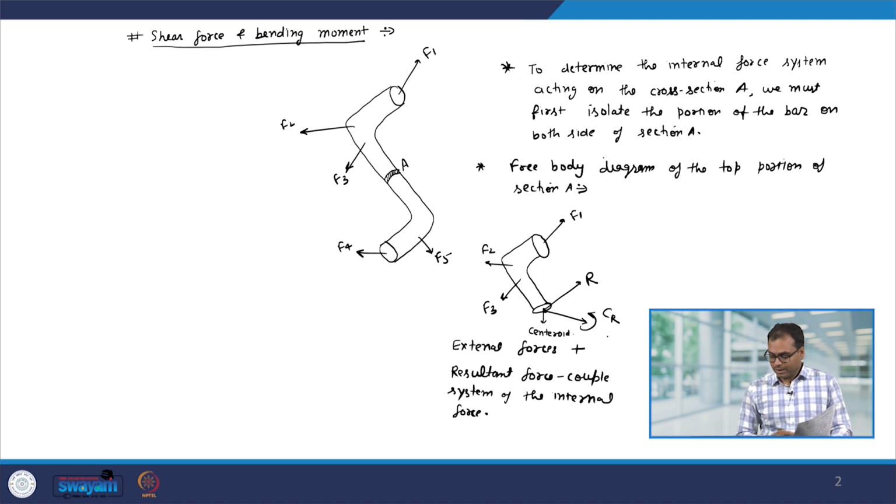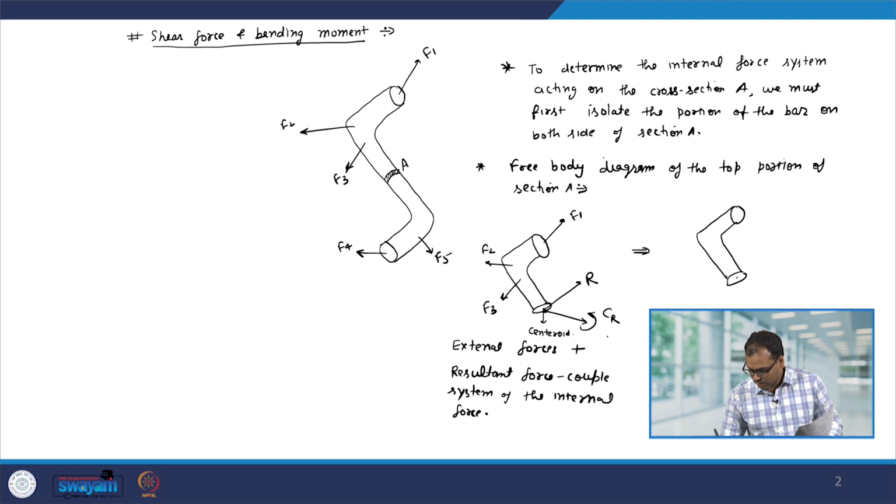Now, it is convenient to write down this resultant R in terms of x, y and z coordinates. So, let us redraw this. We have this cross section and the centroid, and of course, we have forces F1, F2 and F3.